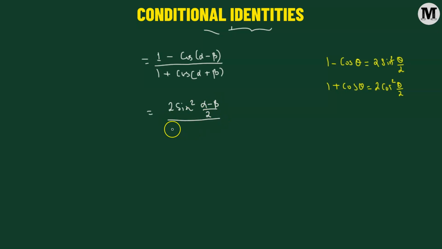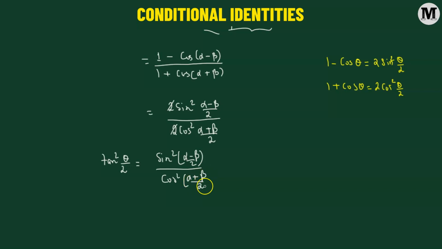And in the denominator, we have 2 times cosine squared alpha plus beta over 2. So the 2 and 2 get factored out. This is the value of tangent squared theta over 2. So we started off with tangent squared theta over 2, and that gave us sine squared alpha minus beta over 2 divided by cosine squared alpha plus beta over 2.